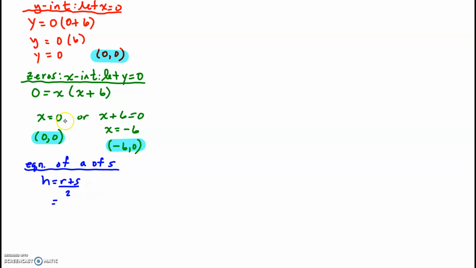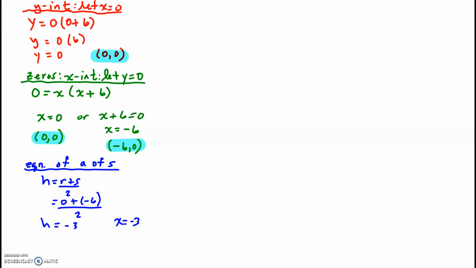The R and the S are the intercepts we found above, so 0 and negative 6. So 0 plus negative 6. We use our x-intercepts and divide by 2. So that's negative 6 divided by 2, which is negative 3. That's our H value. So we found the equation of our axis of symmetry, and remember we write that as a vertical line, x equals negative 3.